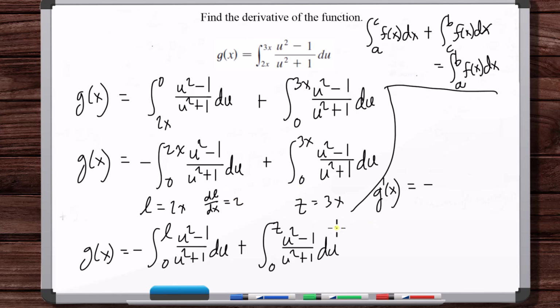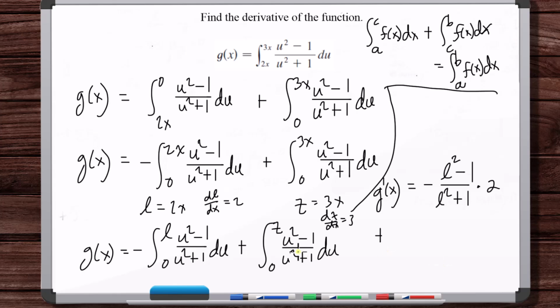Okay, what is dz dx? That's 3. So, okay, minus df dL. So that's going to be L squared minus 1 over L squared plus 1 times dL dx.